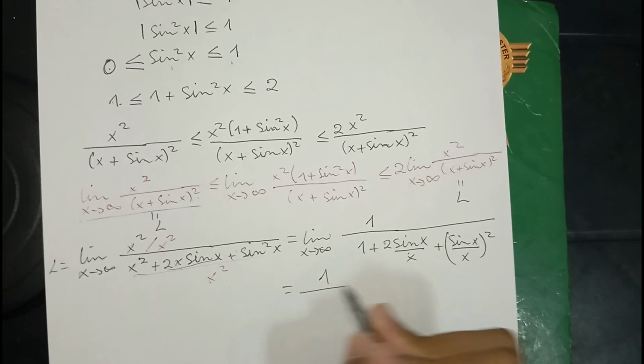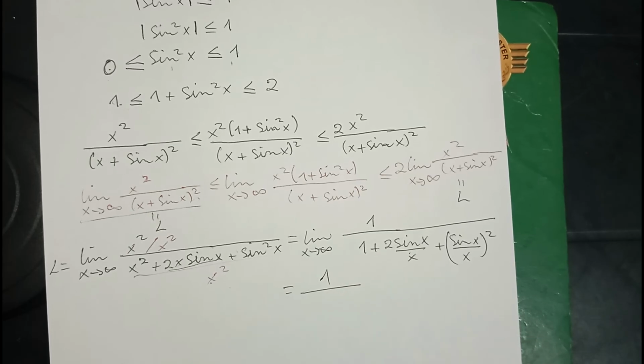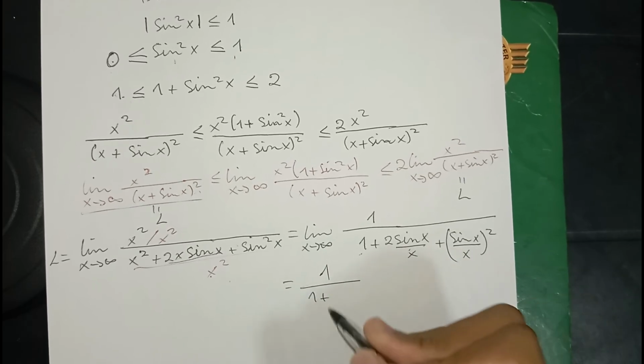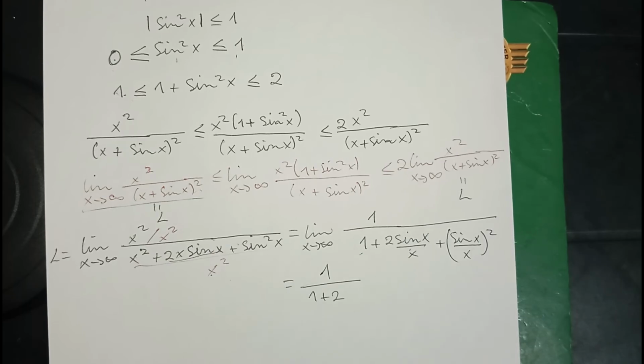So let's analyze, it's really good to analyze. Here we have 1 plus this limit. When x approaches infinity, this function will always oscillate between -1 and 1, and this will take greater numbers as it approaches infinity.